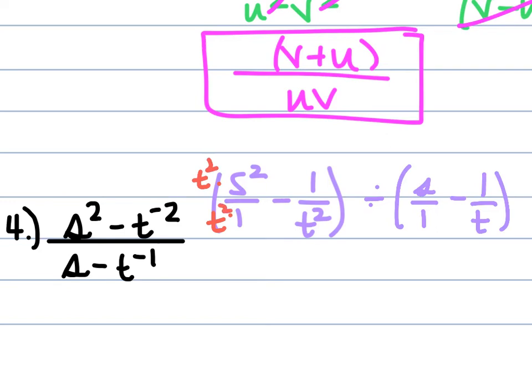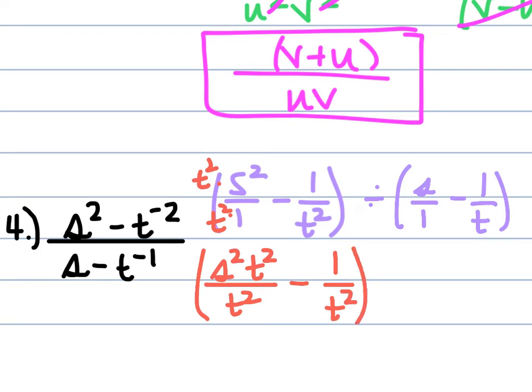So this is going to be s squared t squared over t squared minus 1 over t squared divided by s over 1 minus 1 over t. The least common denominator there is t, so multiply top and bottom of that by t, giving ts over t minus 1 over t.